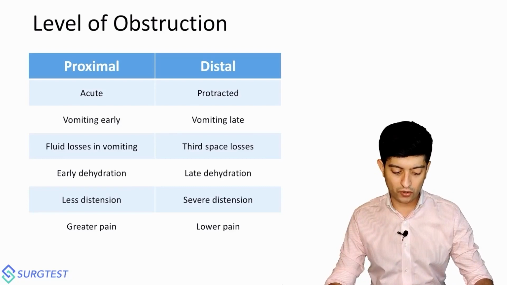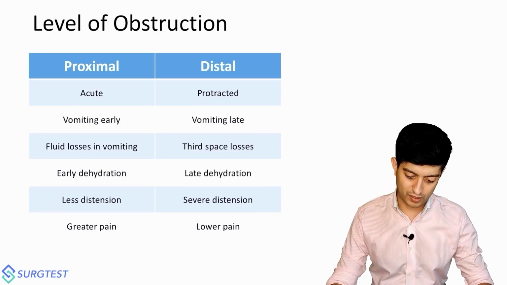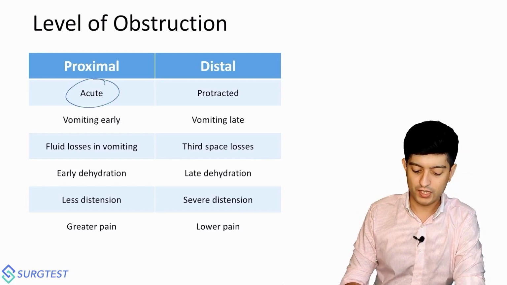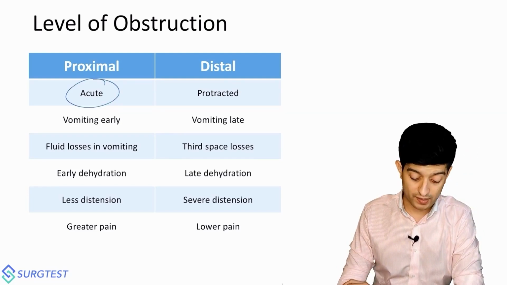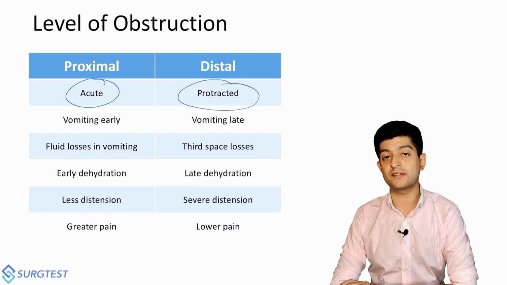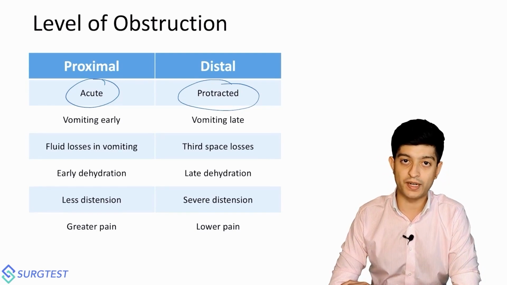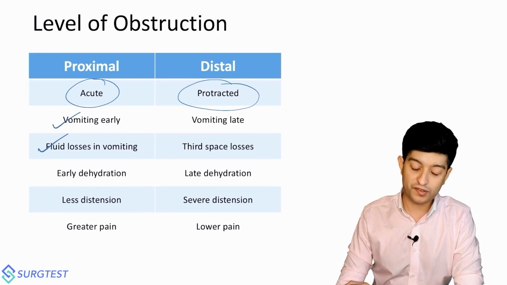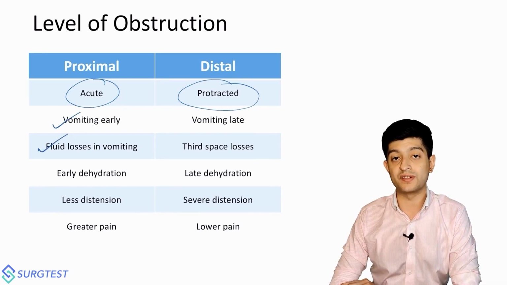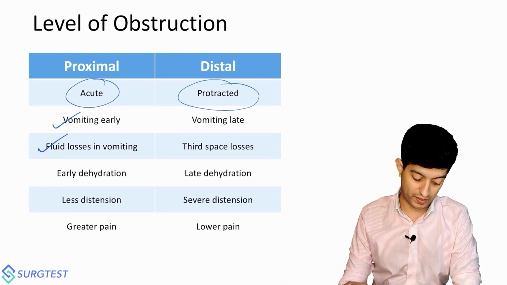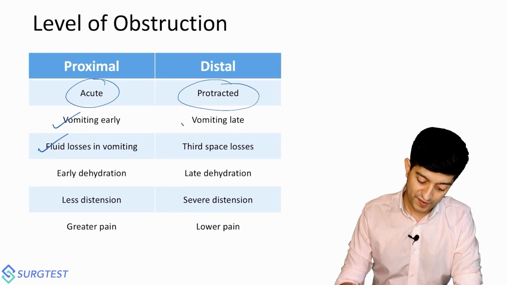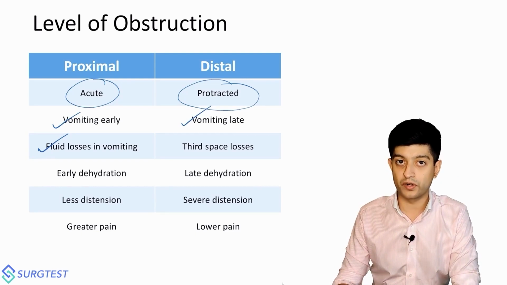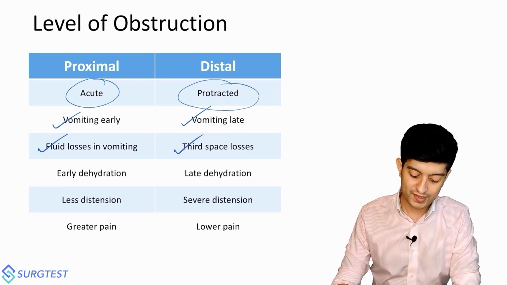We're going to quickly talk about the different levels of obstruction. Once again, to revise, proximal obstructions are acute. Distal obstructions have a more protracted clinical course, may present late, and patients will end up tolerating these obstructions a whole lot better than the proximal ones. In proximal obstruction, vomiting occurs early, and it is the fluid losses in vomiting that are essentially responsible for the dehydration as well as dyselectrolytemia. In distal obstruction, vomiting occurs fairly late, and the dehydration occurs not because of fluid losses out of the body, but fluid losses within the intestinal lumen.